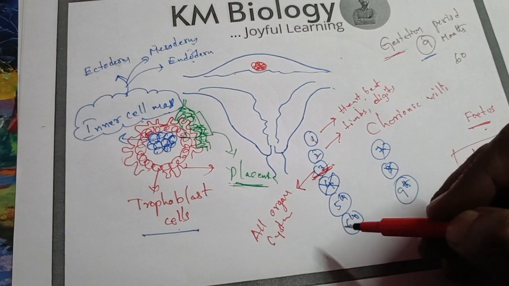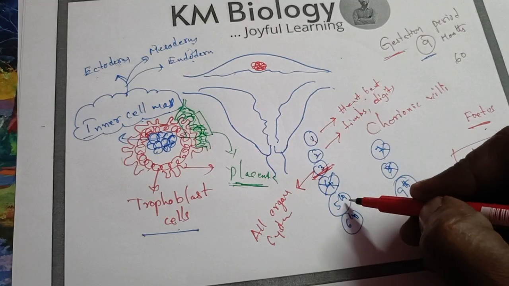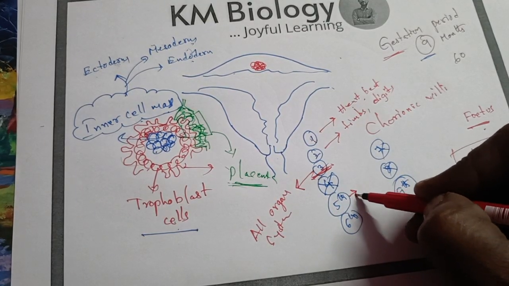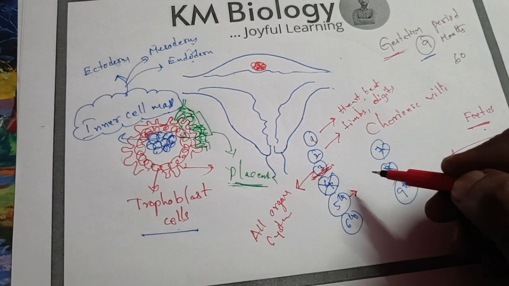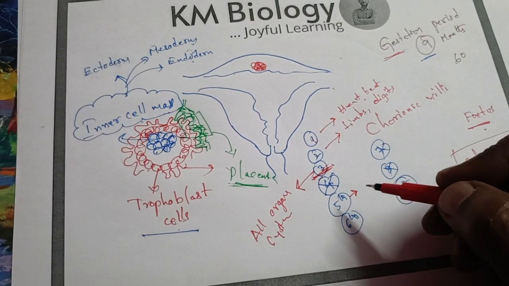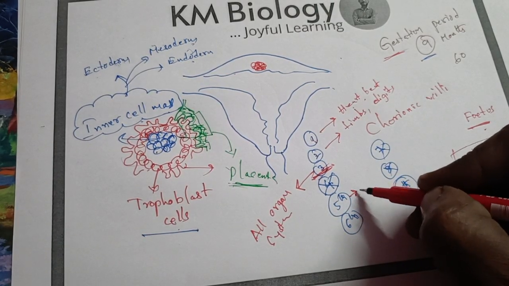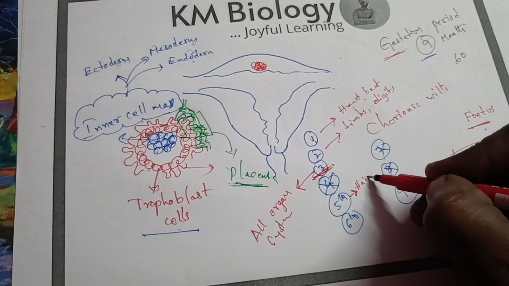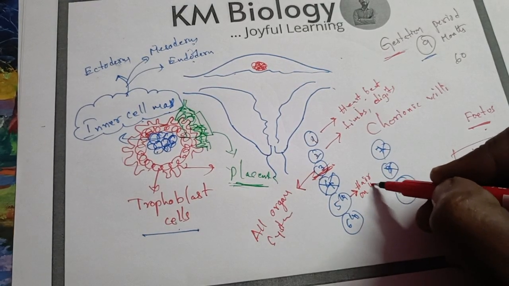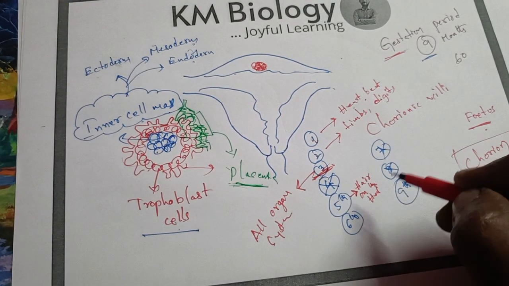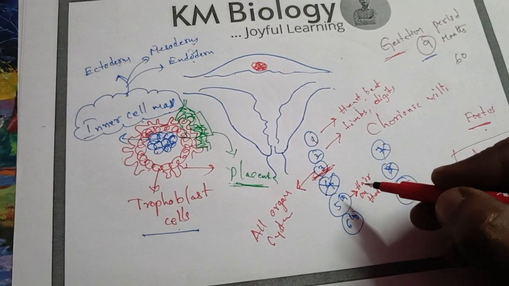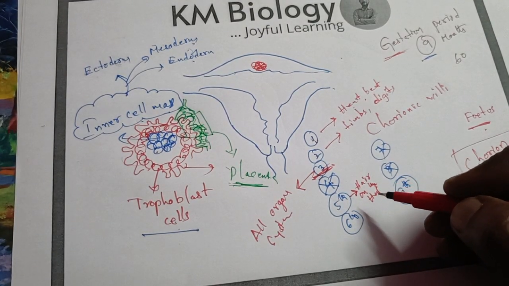Next, in the 5th month, the mother can notice the movements of the fetus and even growth of hair on the head. So 2 things: movements are noticed and hair on the head is also noticed.